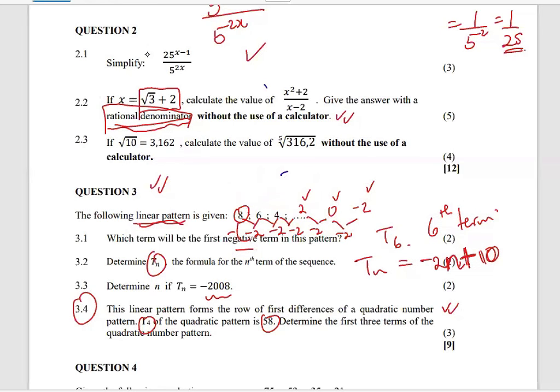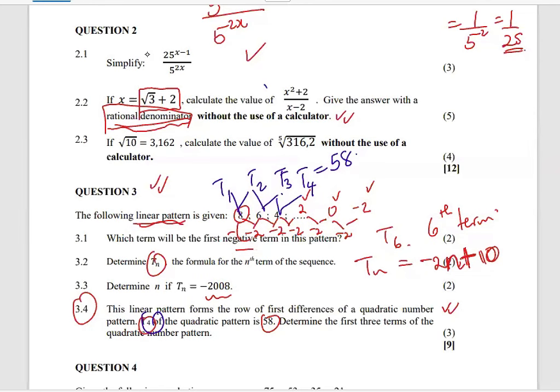So this 8 is going to be between T1 and T2. The 6 is between T2 and T3. The 4 is between T3 and T4. But they're telling us that T4 is 58. What do they want? They want the first 3 terms, so we need to move backwards.